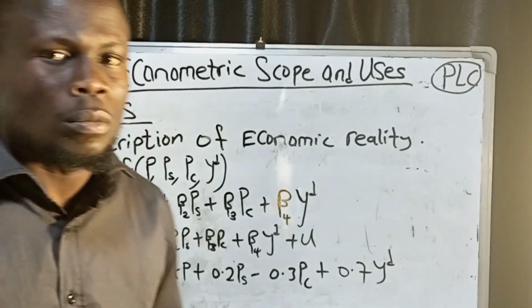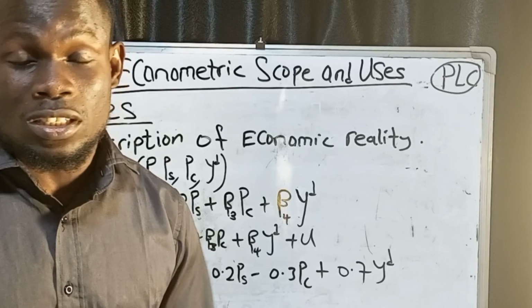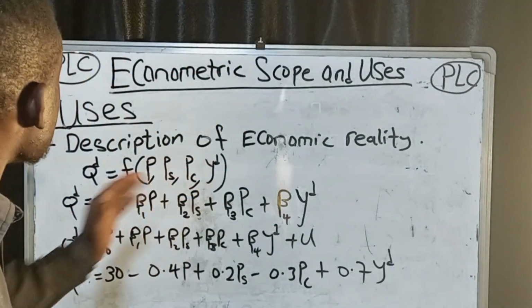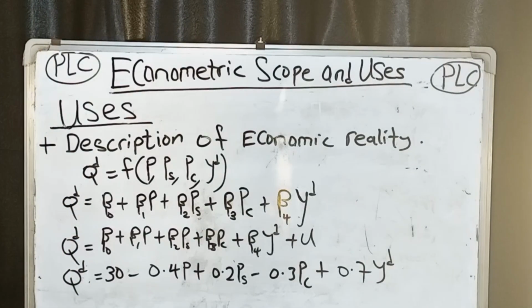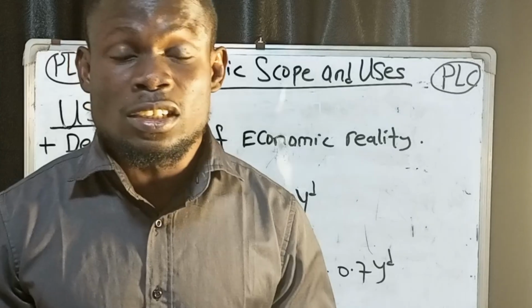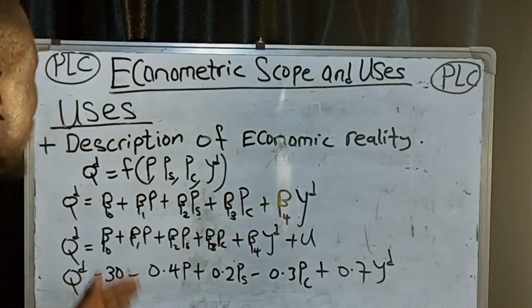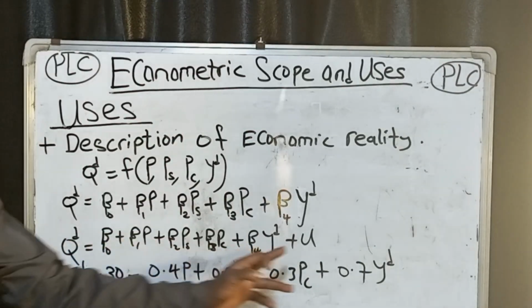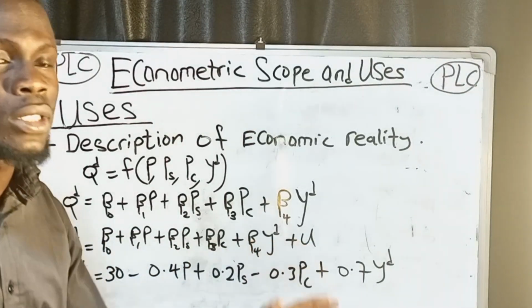We can represent this economic theory using the techniques we have learned in mathematical economics. I represent it as an equation such as this. And from our knowledge of the econometric research stages or methodology, we can turn this into our econometric model by introducing our error term.